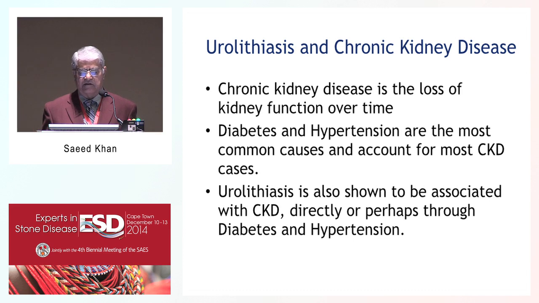So, urolithiasis and chronic kidney disease. Chronic kidney disease is the loss of kidney function. Diabetes and hypertension are the most common causes and account for most CKD. Urolithiasis is also known to be associated with CKD, directly or perhaps through diabetes and hypertension.